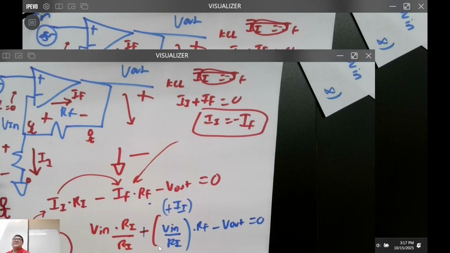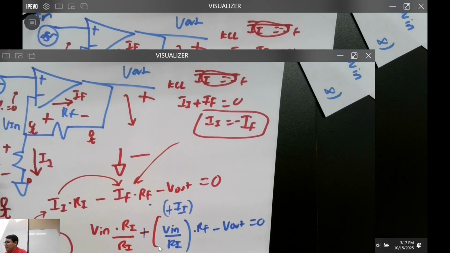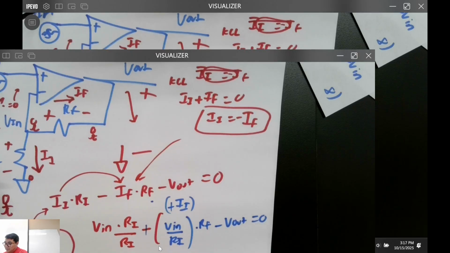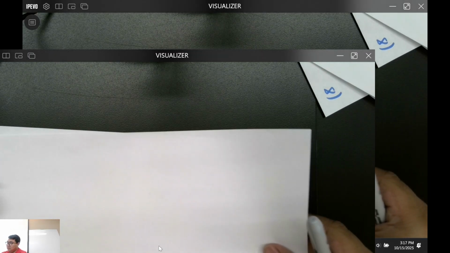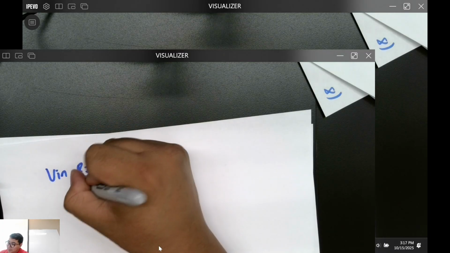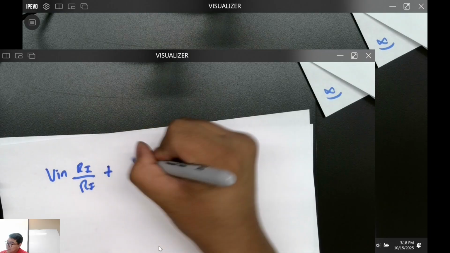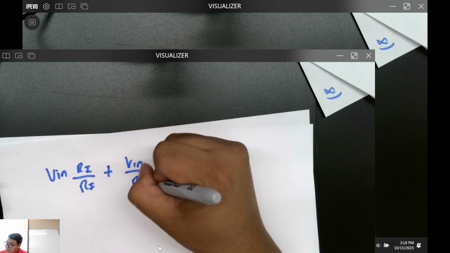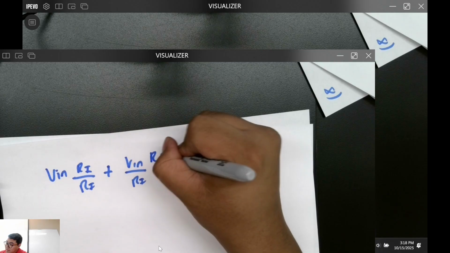Let me use another piece of paper when I get to actual homework. Vin Ri divided by Ri plus Vin Ri times Rf.